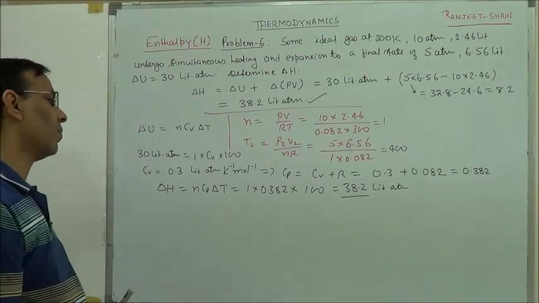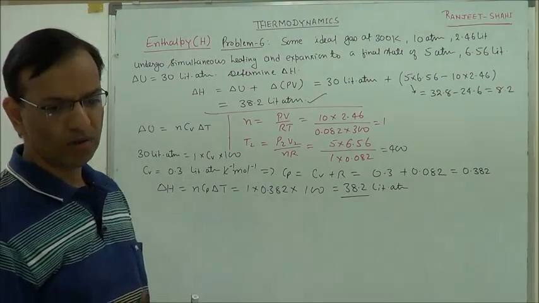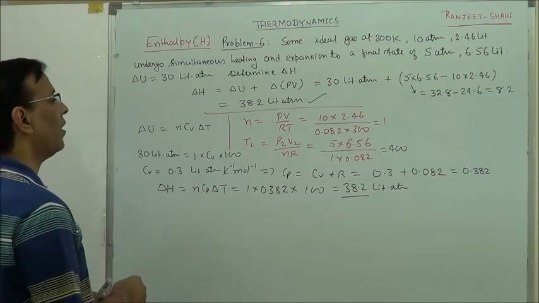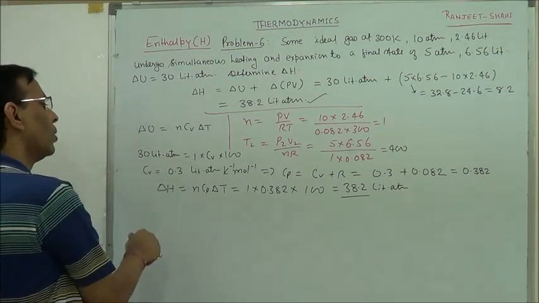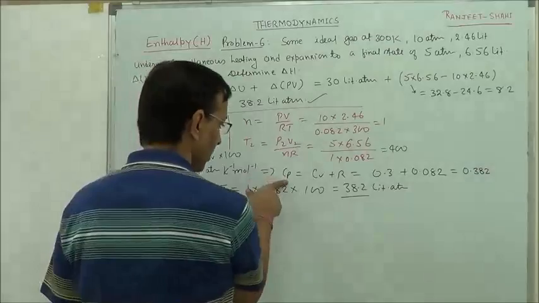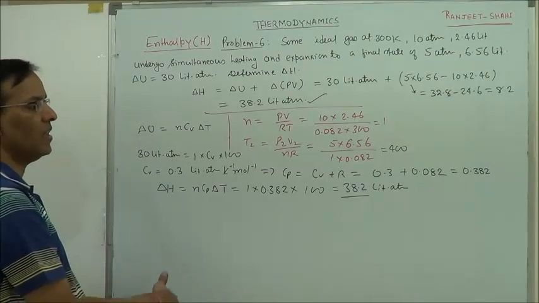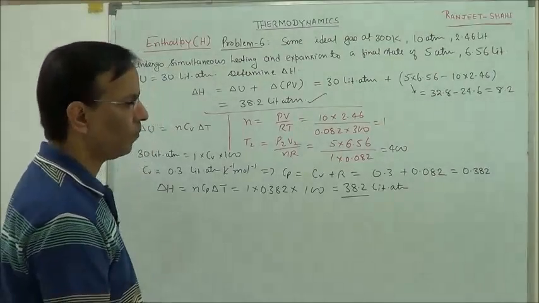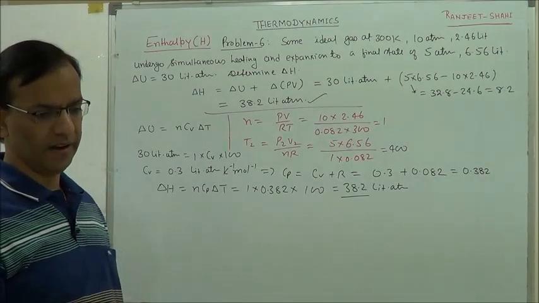So that is how we determine questions related to enthalpy change. But be very careful when applying this relation, delta U from which we find Cv and then we find Cp. All these are true only if the change is occurring on an ideal gas, meaning gas is behaving ideally. But we know from the gaseous state that gases do not always behave ideally.